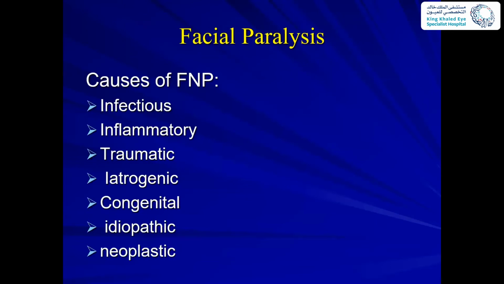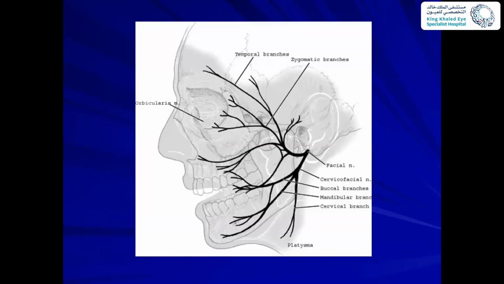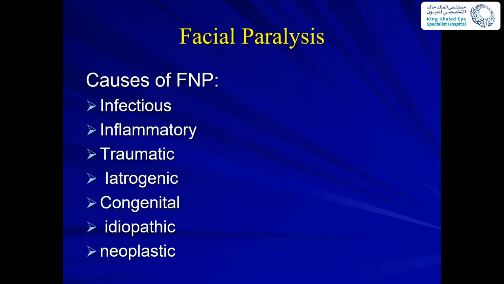When you talk about facial nerve palsy in ophthalmology, we are talking about lower motor neuron lesions, because in upper motor neuron lesions the upper part of the face is spared, and these patients don't come to ophthalmology; they go to neurology. So what we see in our clinic is a patient with a lower motor neuron lesion. What are the causes of lower motor neuron facial nerve palsy?